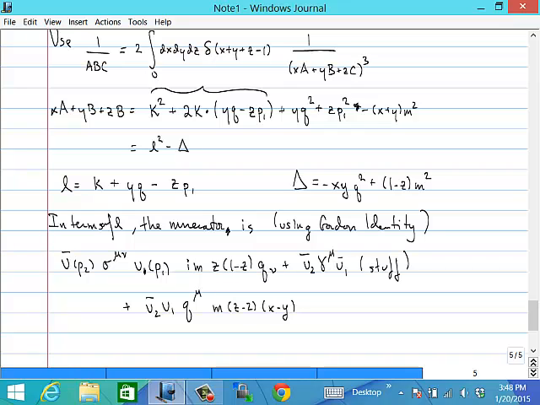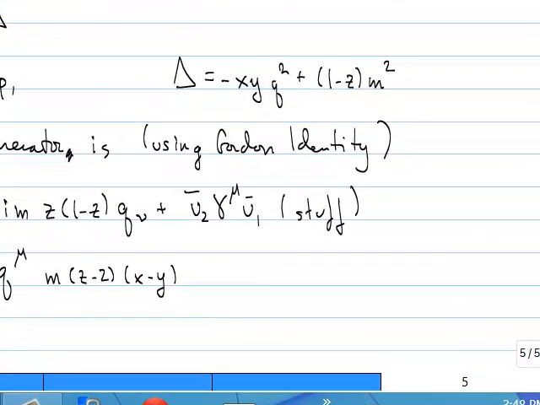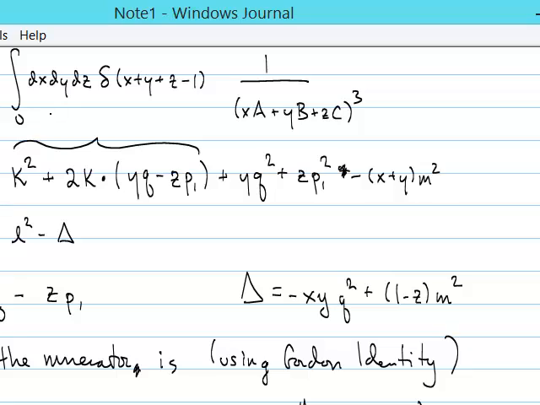But I argued earlier in this class that that quantity, which I called capital C, had to be equal to 0 by gauge invariance. And in fact, you can check that, well, you have an x minus y here, but this integrand up here is invariant under interchanges of x and y. And likewise, delta here is invariant under interchanges in x and y.